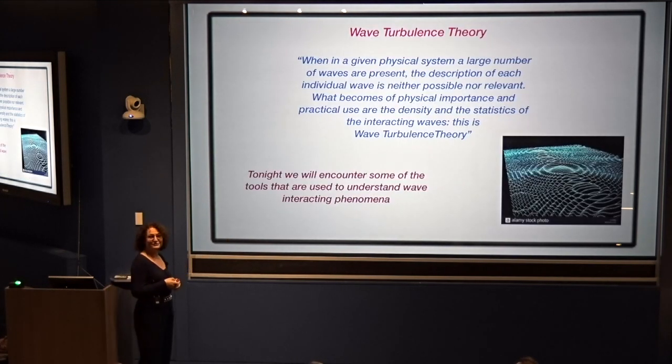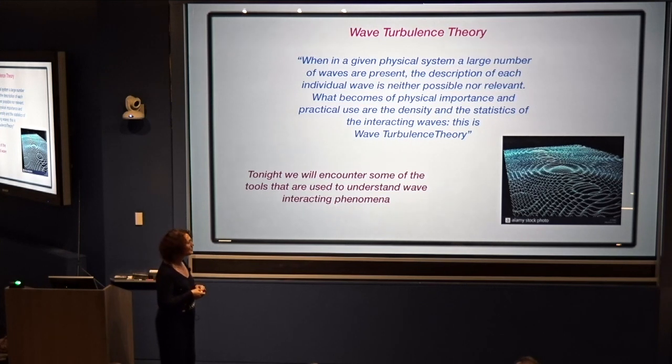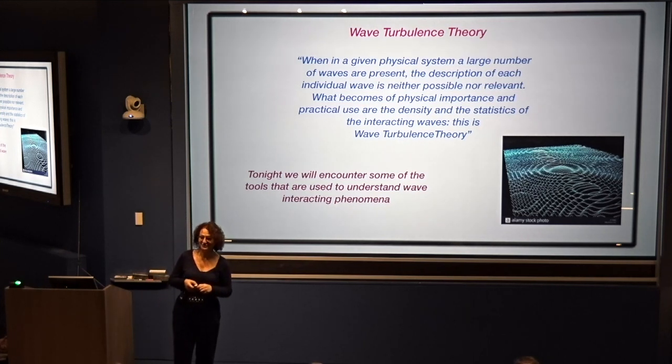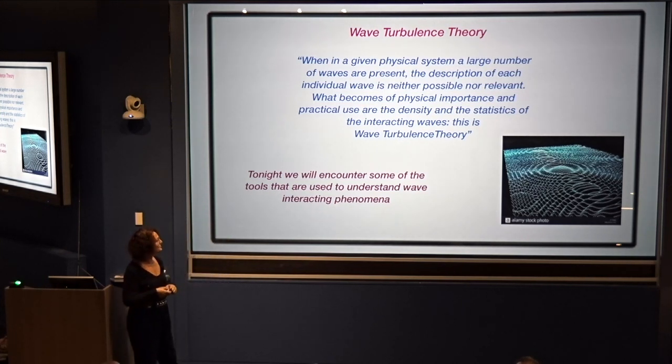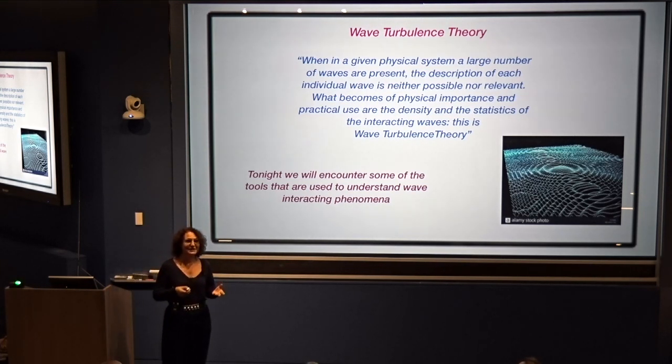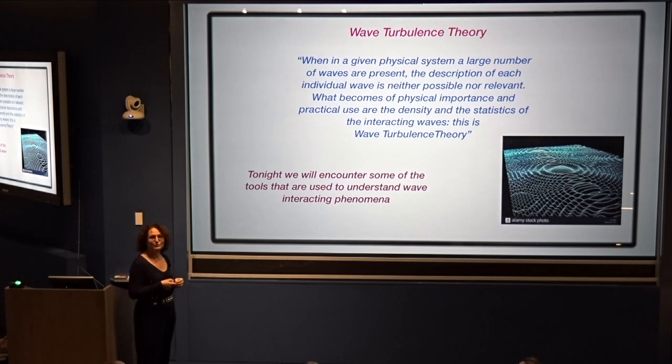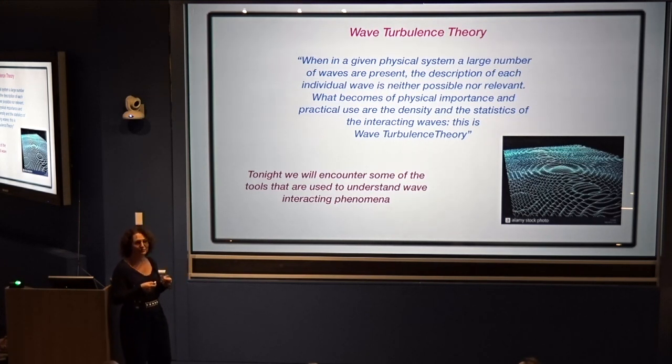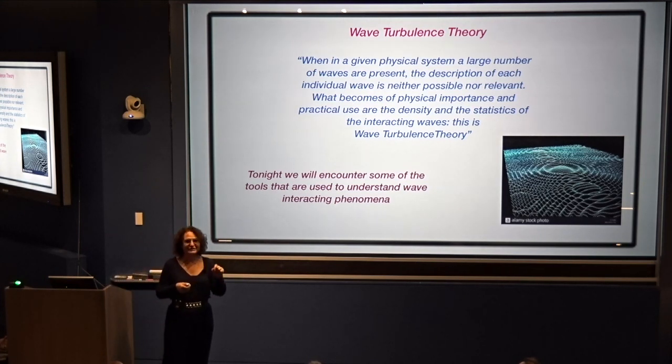Now, we talk about wave turbulence, and in fact, I went to the webpage of our collaboration, the Simons Collaboration grant, and that's what we wrote as an explanation for the general audience of what wave turbulence is. When you have a physical system with a large number of waves interacting, it's not important to understand the evolution of each single wave.